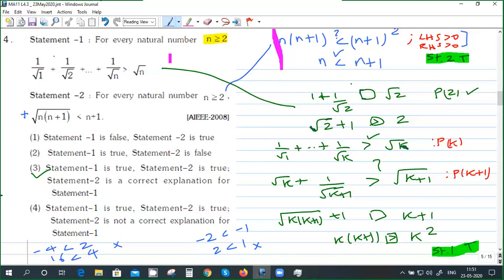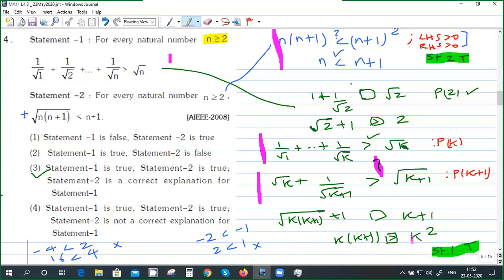And then for statement 1, P of 2 is true. Assume P of k is true. Then P of k plus 1 is this plus this one. You have to check whether this is true, so simplify it. You'll get this one.